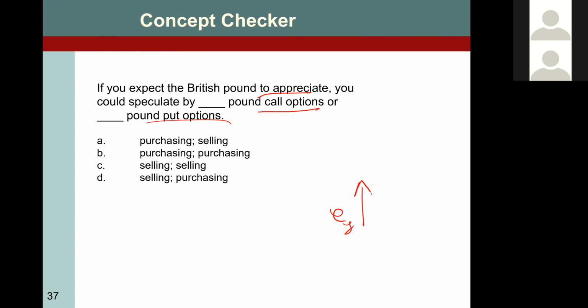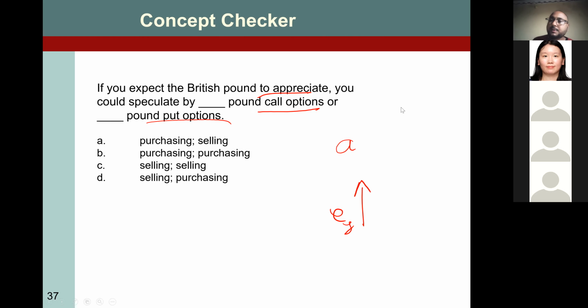Now you tell me. Kim says A. Okay, we have A.